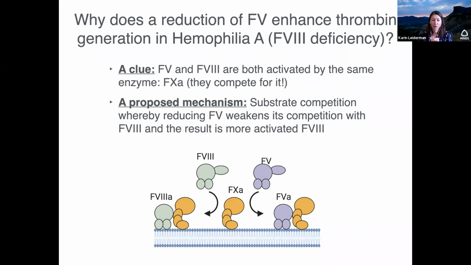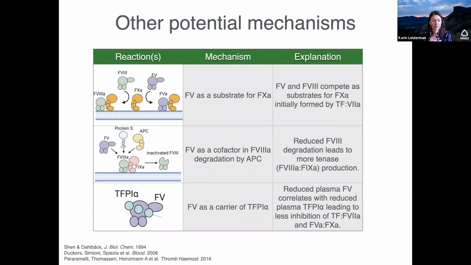There are other potential mechanisms that could be at play. And here's a few that I'm not going to spend too much time on this slide, but I'll just say there's a summary of 3 potential mechanisms we think could enhance thrombin generation. So the first row here, this is what I mentioned on the last slide, which is what our model in the current form suggests. The other 2 mechanisms are related to a protein called protein C, and in its activated form, activated protein C, and tissue factor pathway inhibitor, or TFPI. These are 2 other proteins that inhibit the clotting system normally.